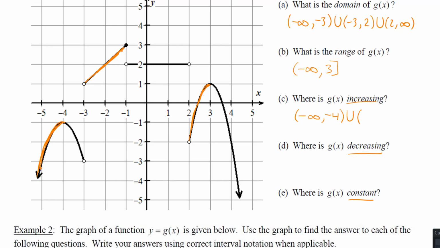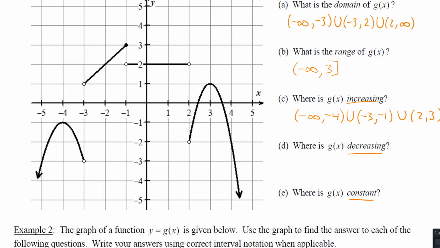Switch to the next interval, which is starting at negative 3 and going up to negative 1. Still open, always open for increasing, decreasing, constant. And then finally on the interval starting at x is 2 and then stopping at 3. So there's our interval of increasing values of the function.